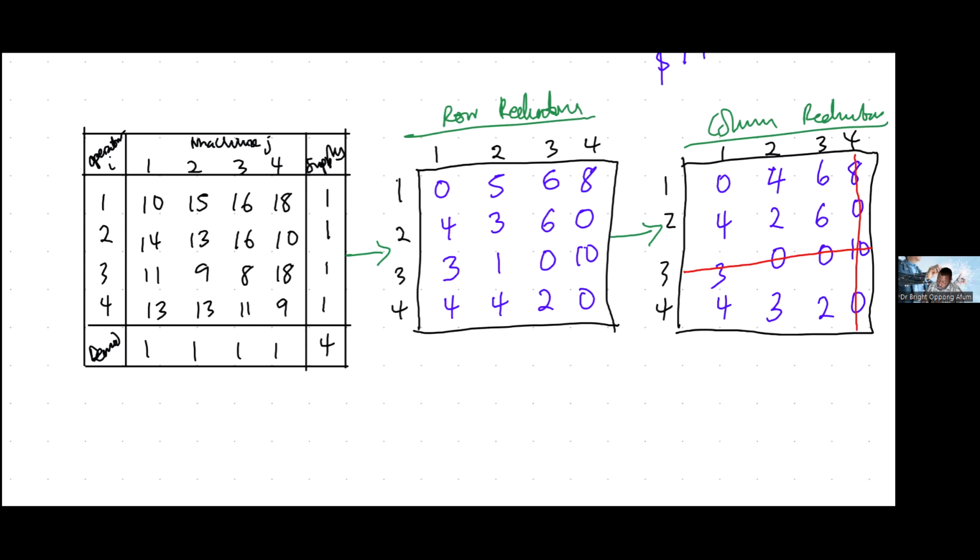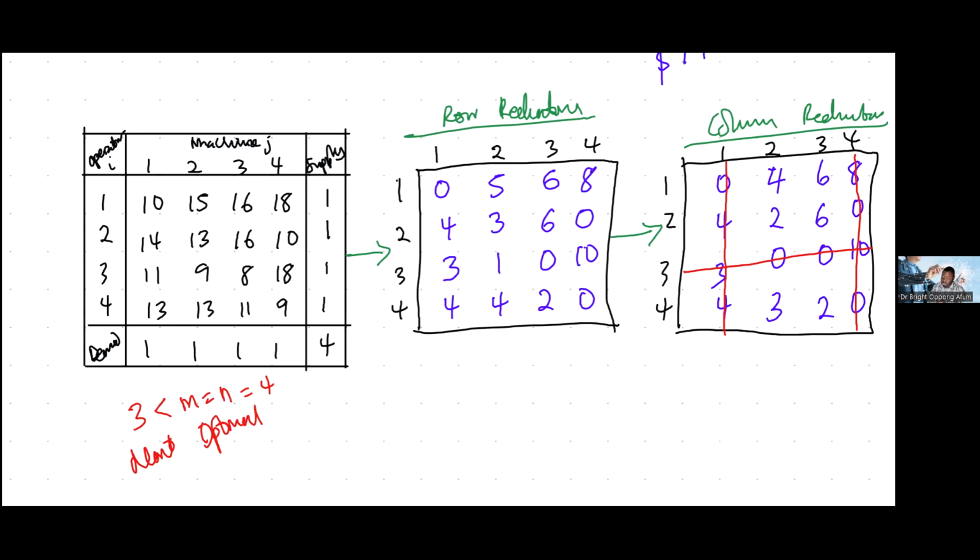Then I have only 1 in the row, I can go vertical or horizontal. When this is done, we see how many lines we got: 3. However, 3 is less than m, which is equal to n, which is equal to 4. So since 3 is less than 4, it means that the solution is not optimal.